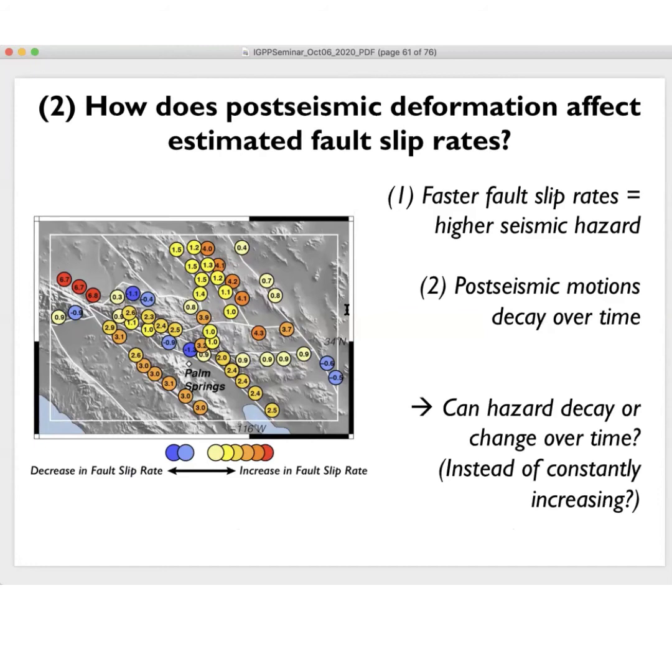And if they are, we know post-seismic motions decay over time. So are they introducing some sort of time-dependent seismic hazard? And should we try to assess that? Is there a way we can see how these post-seismic motions affect faults around where these earthquakes occur? I don't have an answer to these questions, but it's something I have been thinking about a lot recently and think it's potentially worth investigating further.